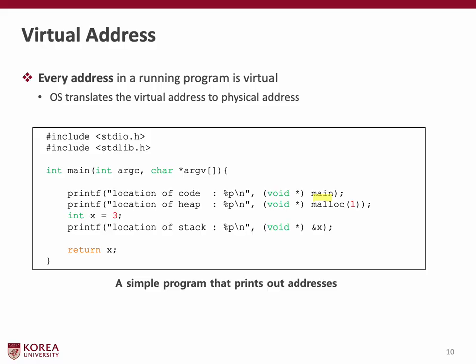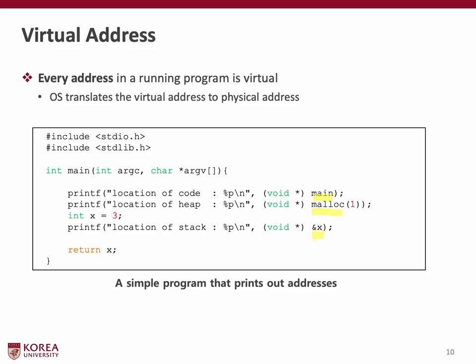And next, the program allocates a memory object by using the malloc function, and then it prints out the address of that object. And finally, this program prints the address of a local variable x.